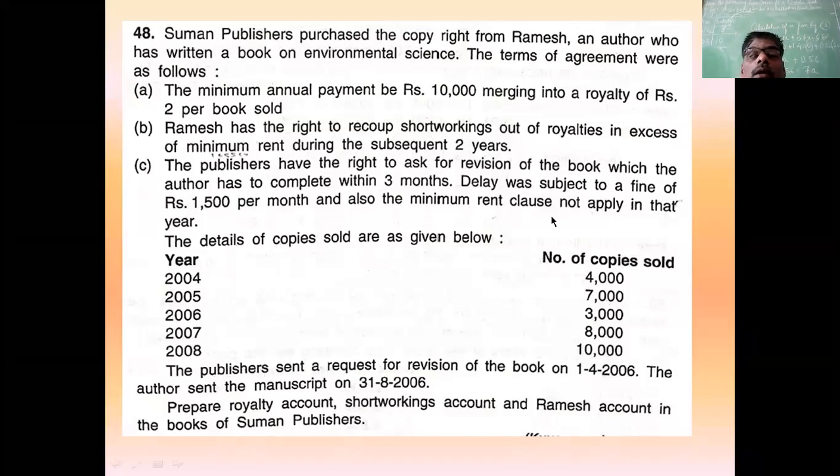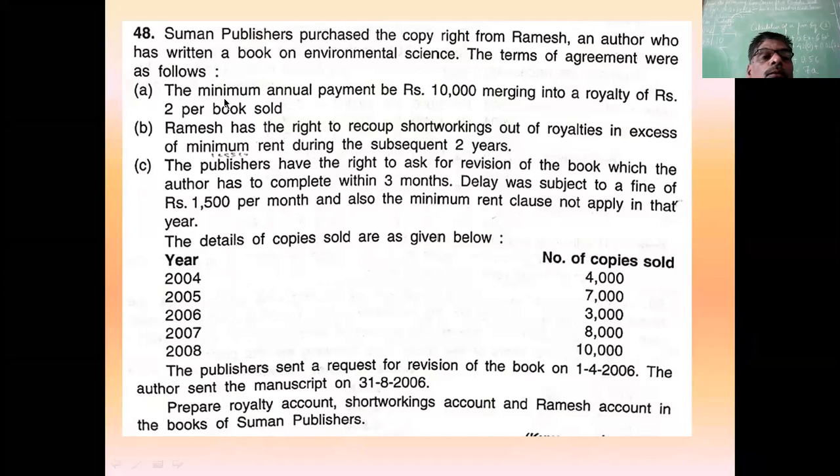If he revises and submits the book within time, no problem. If he fails to revise within the time, for the late period he incurs the 1,500 penalty, and the minimum rent will not be applicable. Whatever royalty is there is given to the author, and with that he has to be satisfied. This is the point.